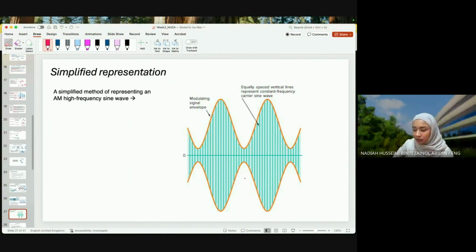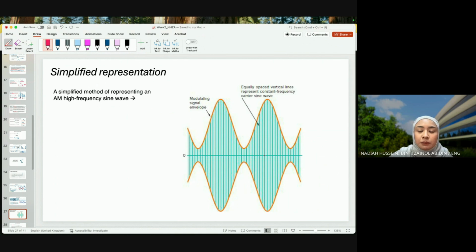Drawing the AM wave is hard, as you can observe from my drawing. So to make it easier for us engineers, we just draw the envelope and make the carrier as vertical lines, so that we don't have to draw the frequency, though you have to care about it.